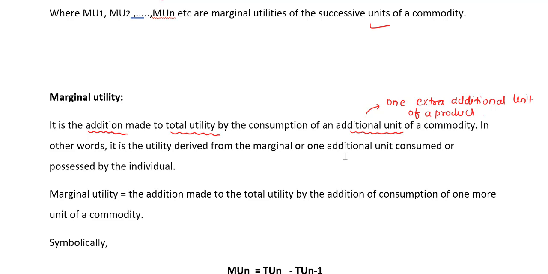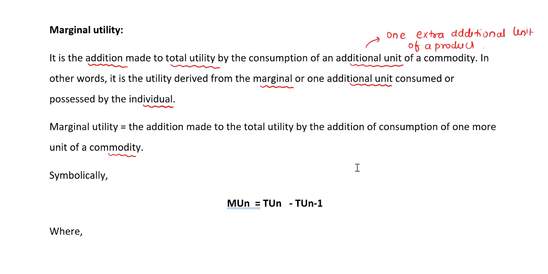In other words, it is the utility derived from the marginal or additional unit consumed or possessed by the individual. Symbolically, it could be denoted as marginal utility at nth unit equals total utility at nth unit minus TU at n minus 1.